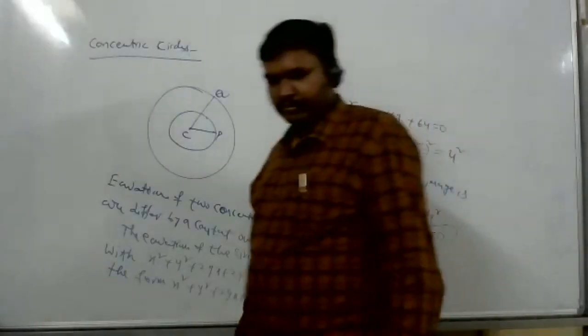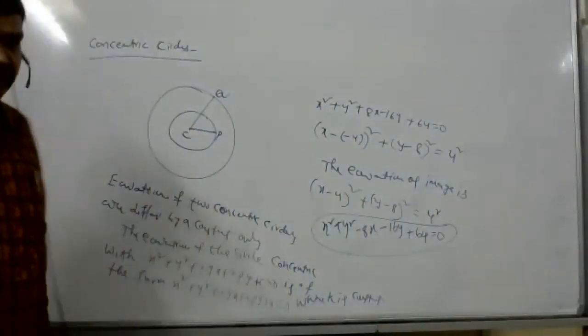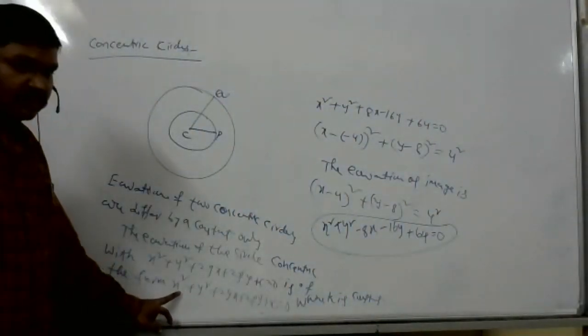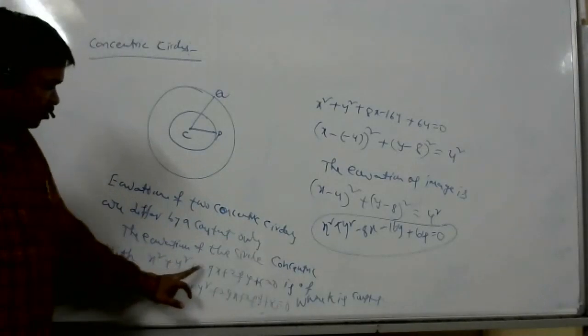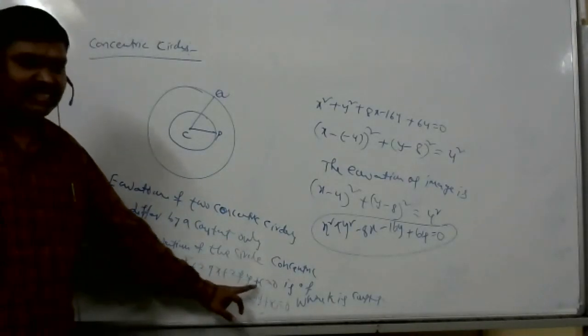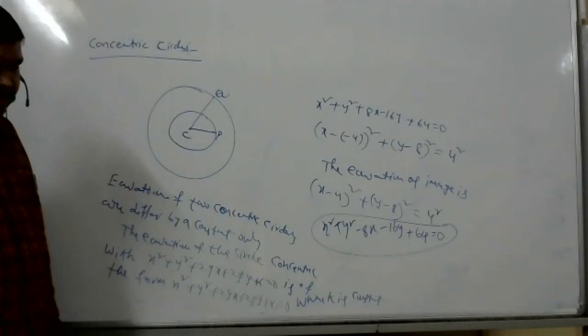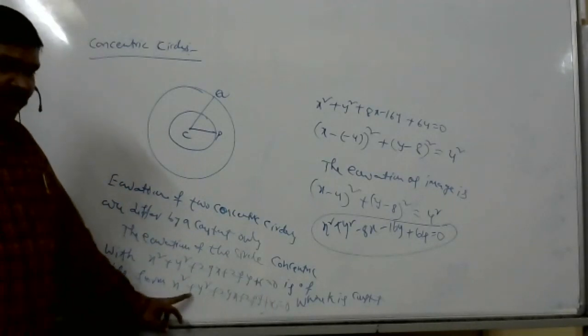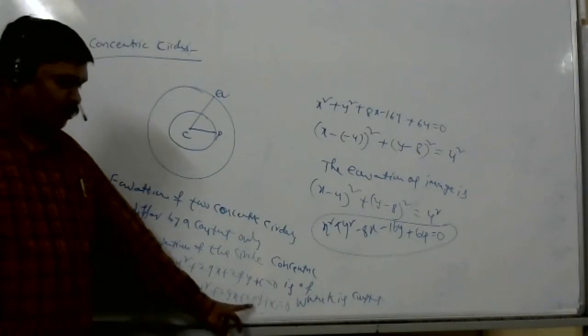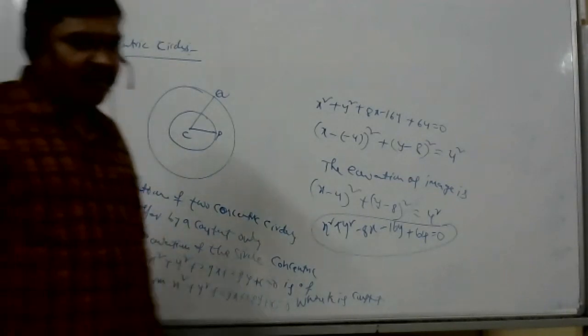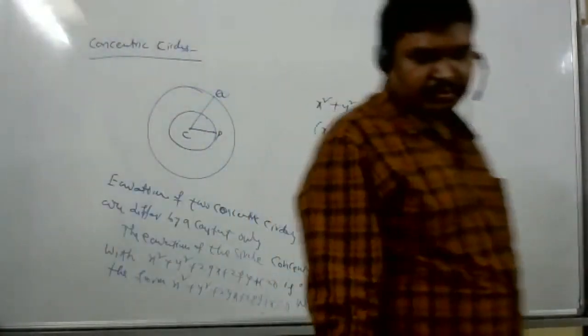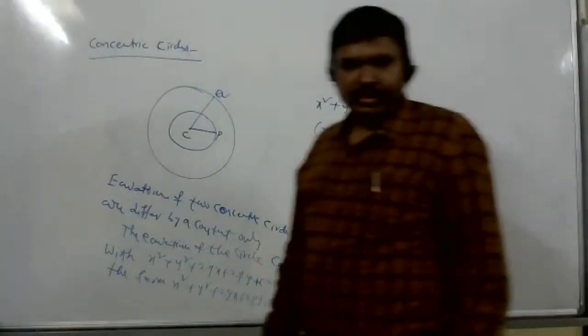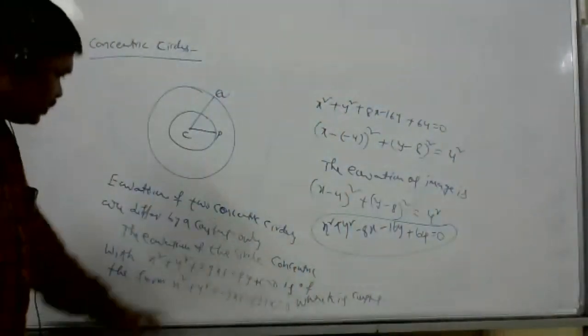Sir, could you say the second equation? Can you repeat the first equation also? X square plus y square plus 2gx plus 2fy plus c is equal to 0 is of the form x square plus y square plus 2gx plus 2fy plus k is equal to 0. Sir, shouldn't it be c plus k?